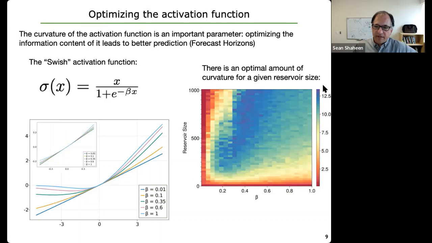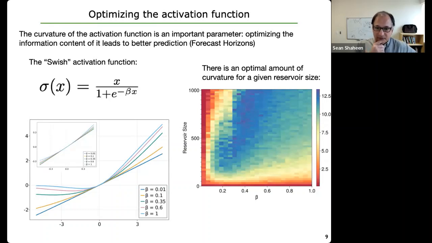So the blue color here is forecast horizons of 10 or 12 or 13, which are very good values. And you see, if you tune the beta, you can actually get these very good values for quite small reservoirs. So one could have a reservoir, maybe a couple hundred neurons large, and if beta is optimized, then you could still get very good forecast horizon.